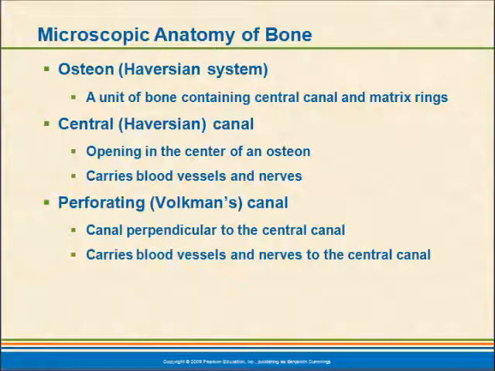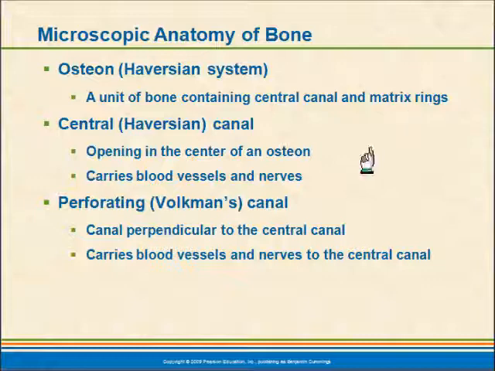Now, we've talked about the gross anatomy. Let's take a moment and talk about the microscopic anatomy of the bone. Compact bone is made up of small structures known as osteons, or Haversian systems. It is a structural unit of bone, and it contains a central canal and rings that surround it.